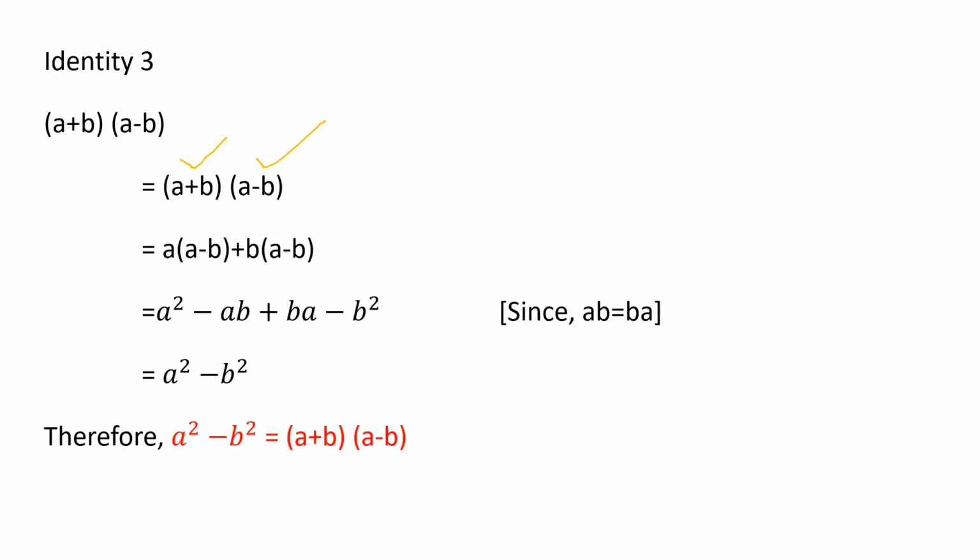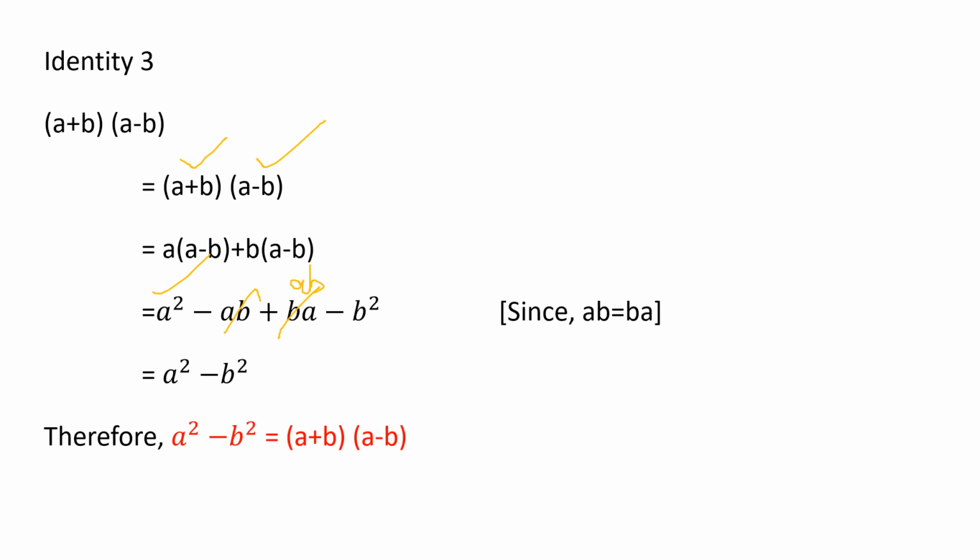So minus ab and plus ba. ba is equal to ab, right? So plus and minus, 1 minus 1 is 0. These two terms get cancelled. What is left over? a square minus b square. So a square minus b square means you can write the formula (a plus b) into (a minus b).